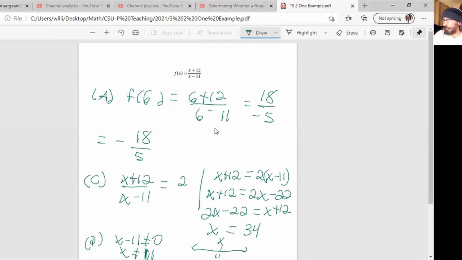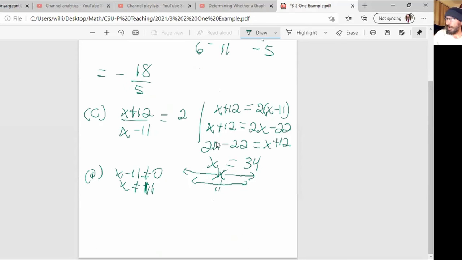We're allowing everything to the left, everything to the right, just not 11 itself. And so in interval notation, the union of everything left and everything right of 11, but not 11 itself, would look like that. So let me type that.